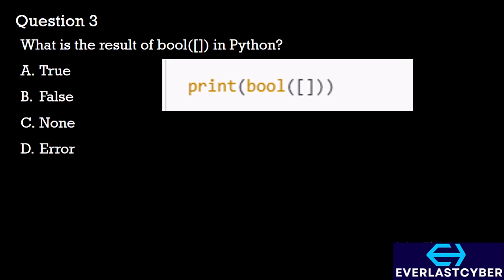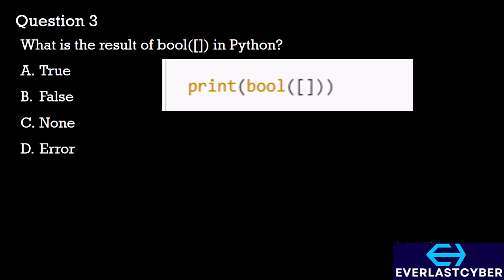So if we look at what we have on the screen, option A would be the incorrect answer because a non-empty list would return true, but an empty list is falsy. Option B would be the correct answer because this expression evaluates to false because the list is empty.